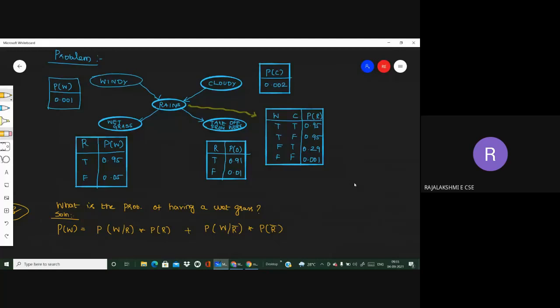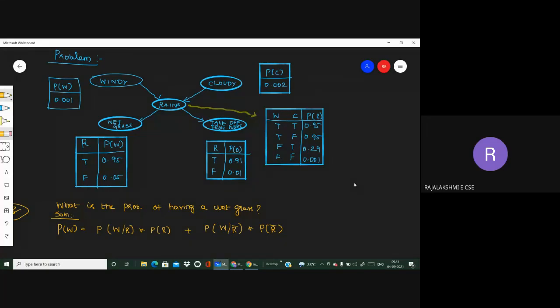When you see the probability table, windy and cloudy do not depend on any of the other features. Therefore, only one label you are observing: the probability of windy is 0.001 and the probability of cloudy is 0.002. But when it rains, the probability of getting wet grass is given over here. If the rain is true, the probability of wet grass is 0.95.